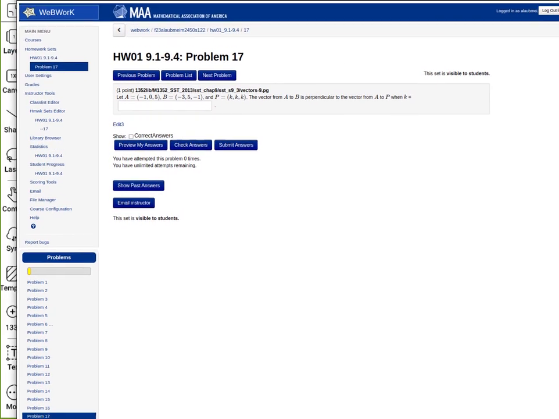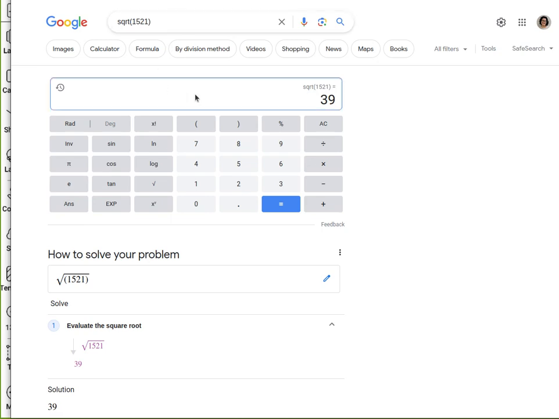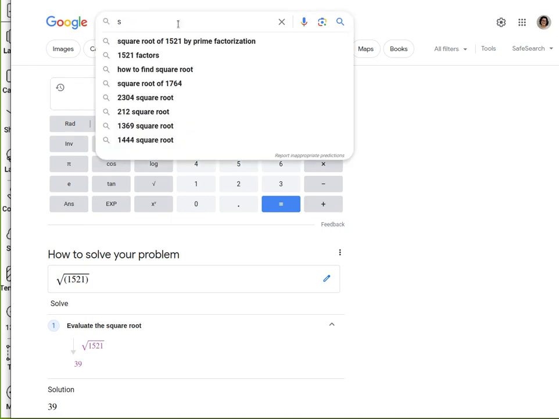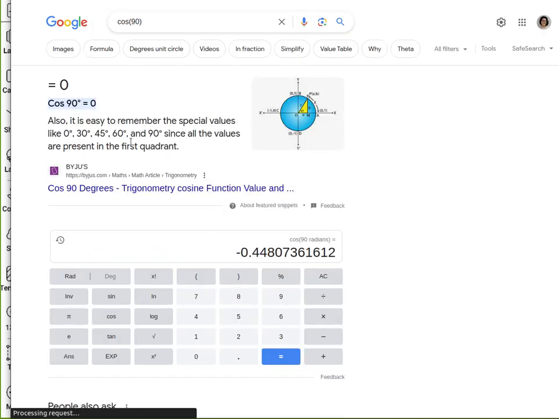You can think about that from the worksheet. You know that the dot product is the magnitudes times the cosine of the angle between them. If they're perpendicular, the angle between them is 90, and cosine of 90 is 0.